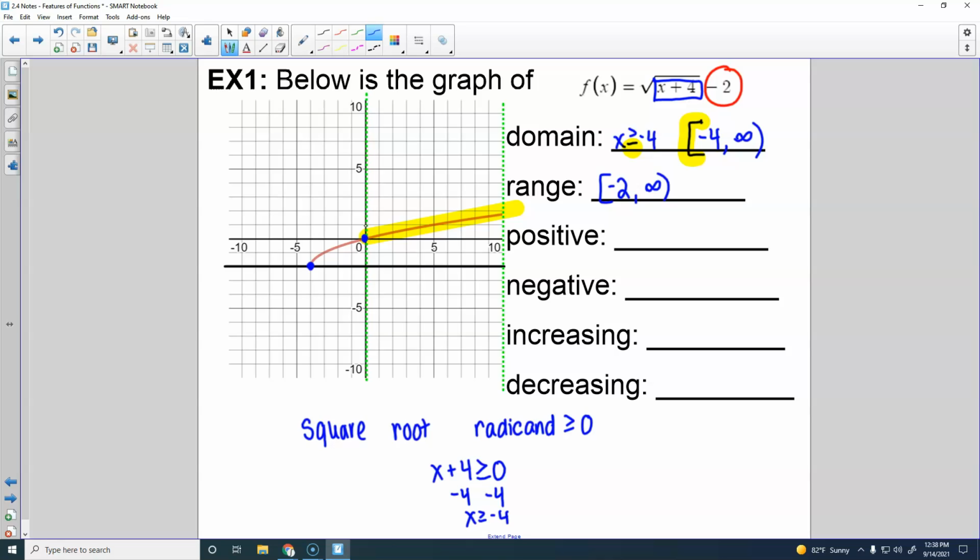No. So for positive and negative, always use parentheses. You might want to make yourself a note of that. So we would say from 0 to infinity. The reason we always use parentheses is because whichever point we're using here should be where we hit the x-axis, and our y value is 0, and 0 is neither positive nor negative. So you're always going to use parentheses for positive and negative no matter what type of function you're dealing with.